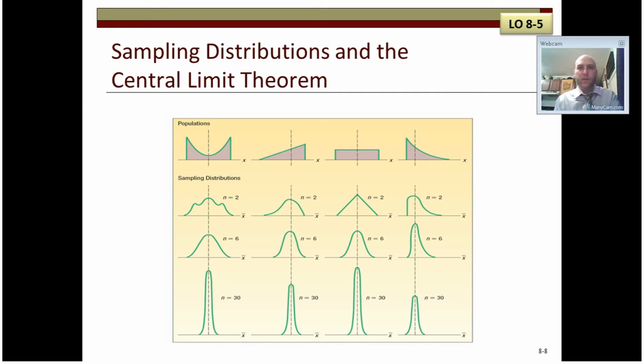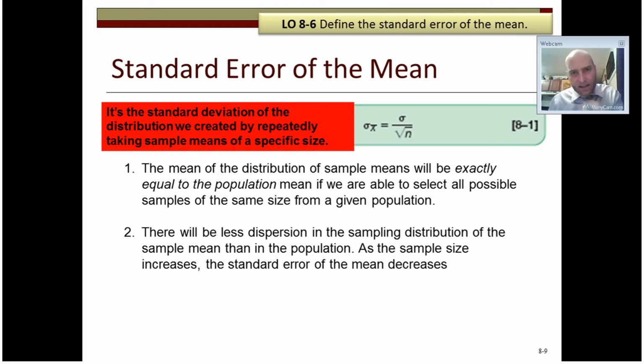So these are the pictures that we talked about, but this is that thing that I got so emotional about just a minute ago. It's the standard error. The standard error of the mean is the standard deviation of that distribution we created by repeatedly taking sample means of a specific size.